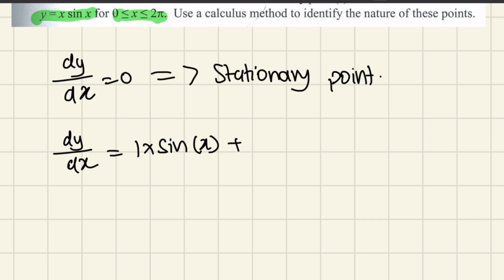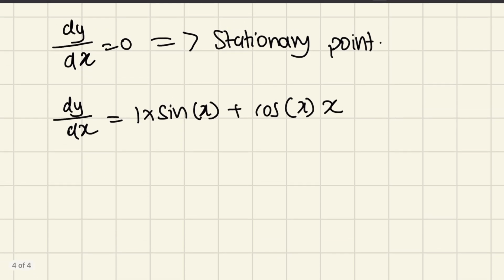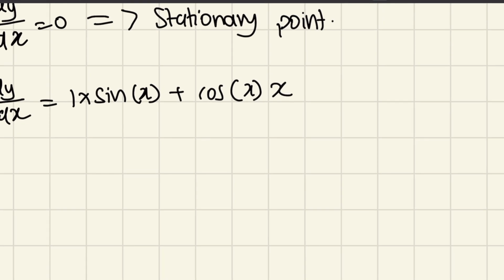Now, to differentiate sine x, you want to remember that sine differentiated becomes cos x, and then you want to multiply it by the first part, which is x. Now, an easy way to remember differentiating trig functions is this. Just remember that sine differentiated goes to cos.